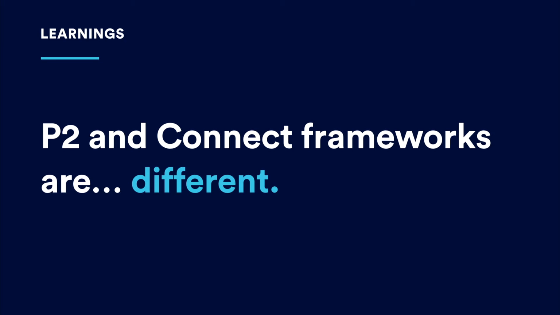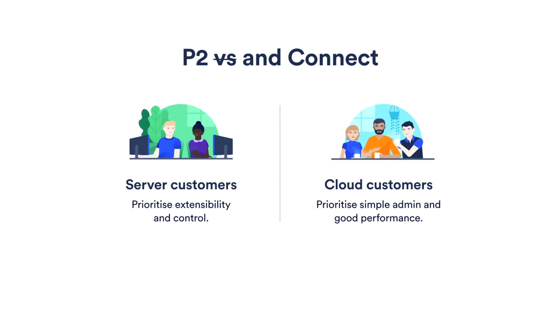The frameworks are different because they support different environments, and they also support customers who have different expectations. So extensibility is one of the reasons that customers choose to run our applications on their hardware. But customers who are choosing cloud are willing to give up some of that control in favor of convenience.